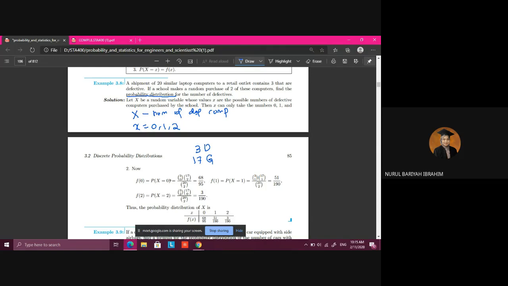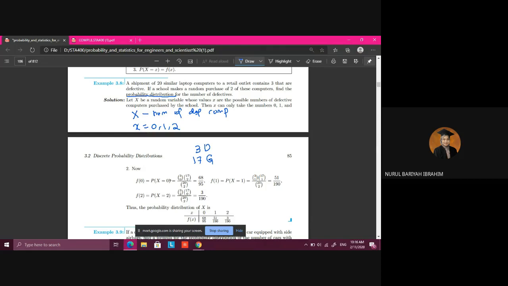Nak cari probability, so you kena bahagi dengan dia punya sample space which is daripada 20 nak pilih 2. Ini notation combination dia punya ni dalam bracket macam ni adalah notation untuk combination. Kalau you tulis 3C0 multiply 17C2 over 20C2 pun boleh, tak ada masalah. Okay, so the answer will be 68 over 95. So tulis kat sini 68 over 95.